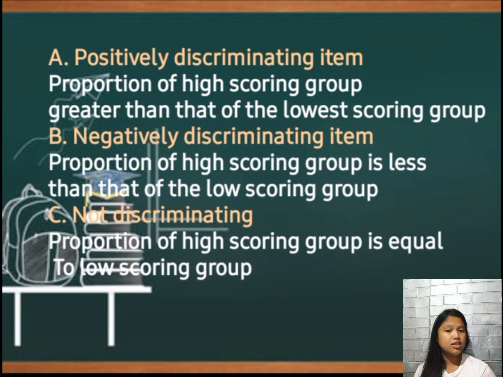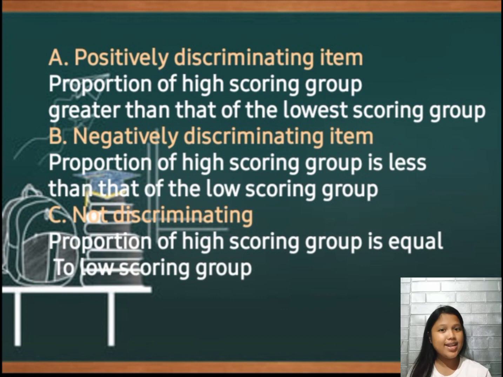So it signals issues on the item's quality or its alignment to the test objectives. Therefore, education assessment experts typically avoid negatively discriminating items to ensure the assessment accurately reflects the students' abilities and provides reliable information for learners and educators.